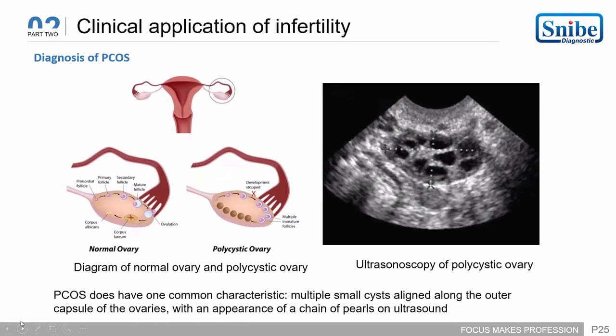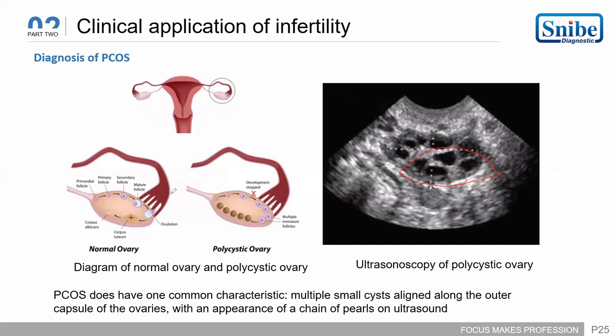What is the diagnosis of PCOS, and how is it made? The best tool used for the diagnosis of polycystic ovarian syndrome is ultrasound of the polycystic ovary. The polycystic ovary is characterized by multiple small cysts aligned along the outer capsule of the ovary, and an appearance of a chain of pearls is observed in the ultrasound.